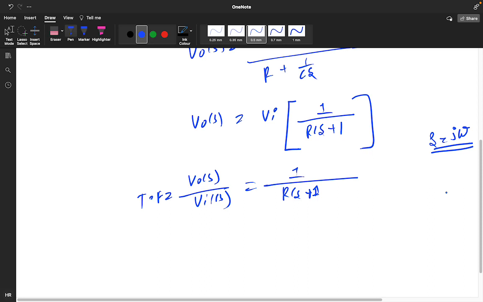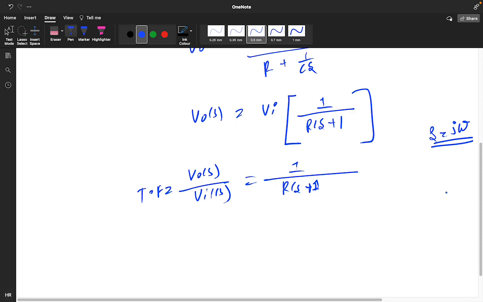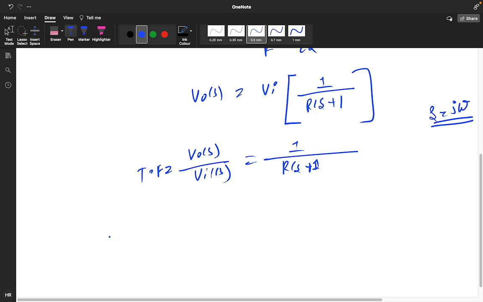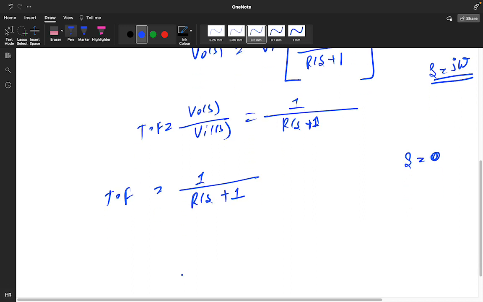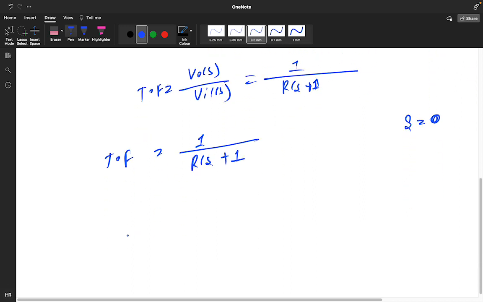Now tell me, the transfer function you are getting is 1 divided by RCS plus 1. Just tell me what will happen if your S value is 0. If your S value is 0, you will get V naught of S equal to Vi of S, right?